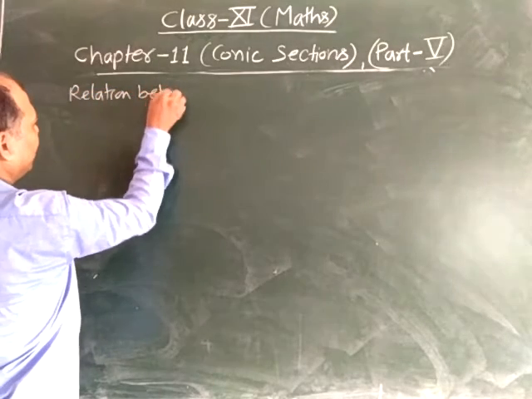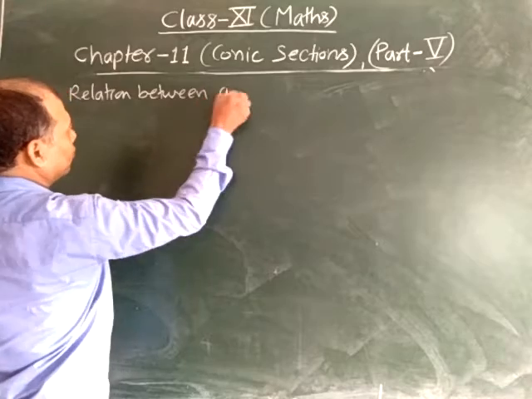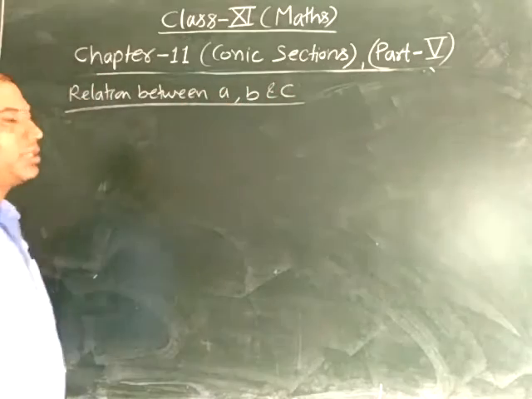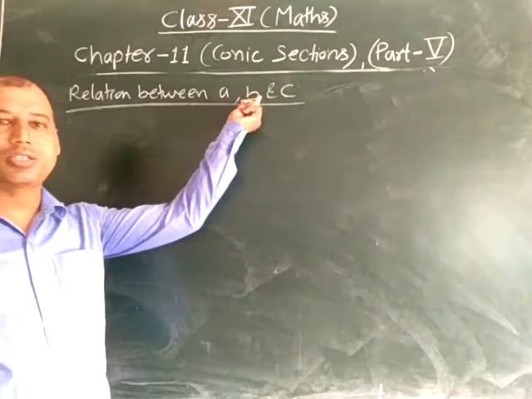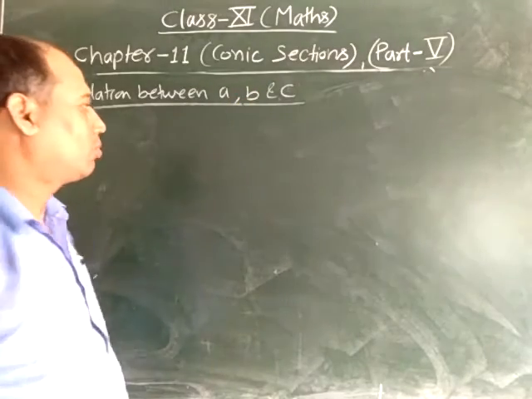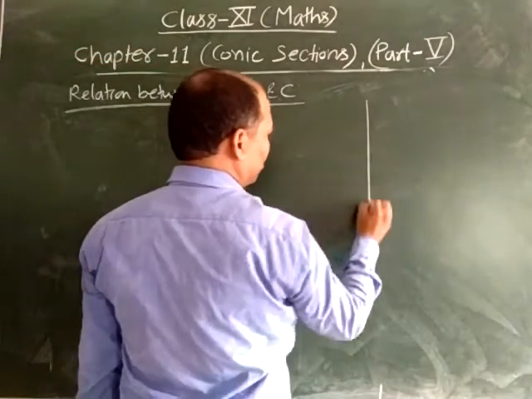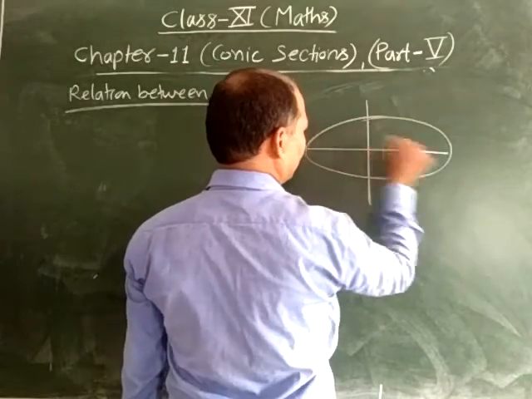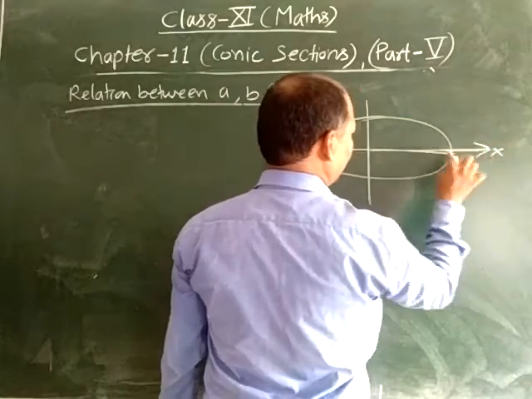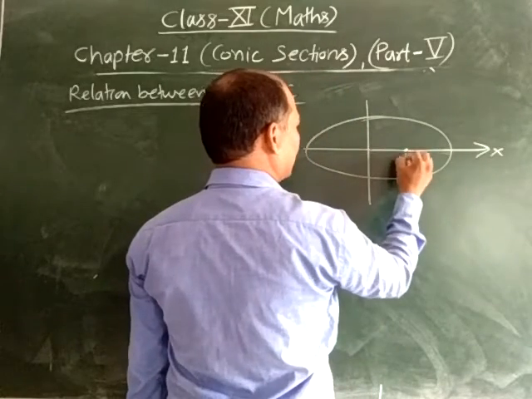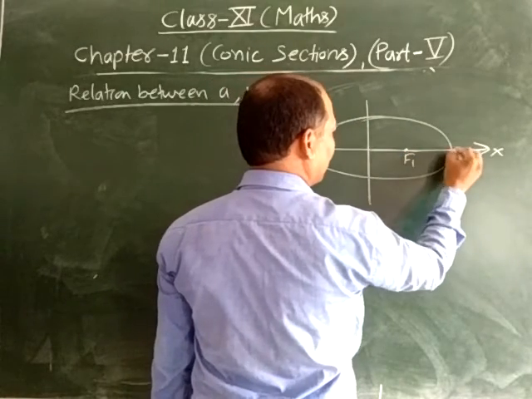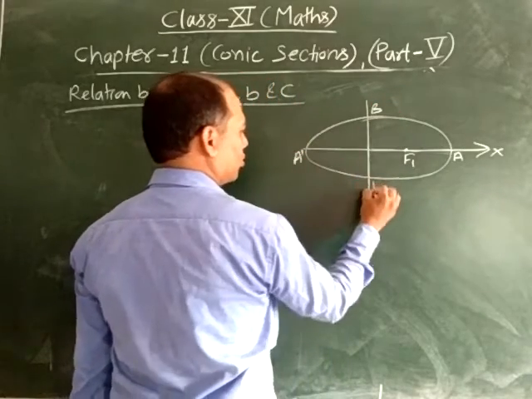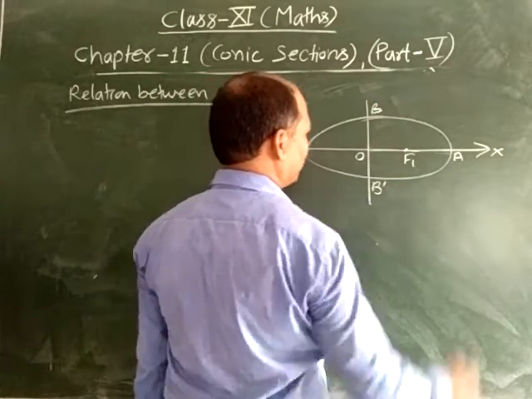The relation between A, B and C. A is the semi-major axis, B is the semi-minor axis, and C is the distance of the focus from the origin. This is focus F1, this is vertex, this is origin.